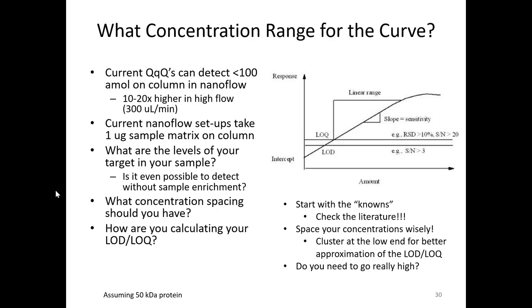So this just goes over recommended concentration range for a curve. If you have an idea of what a biological concentration range will be for your analyte, then start there. If you have no idea, or if you know it is very, very low, then what I normally do is, most of the things that I have to look for are not super concentrated.